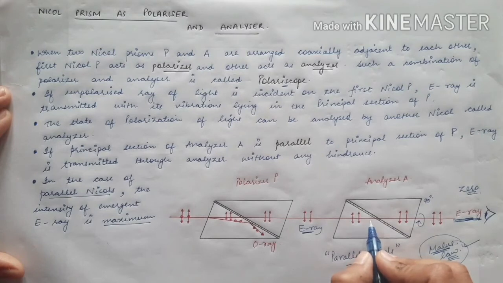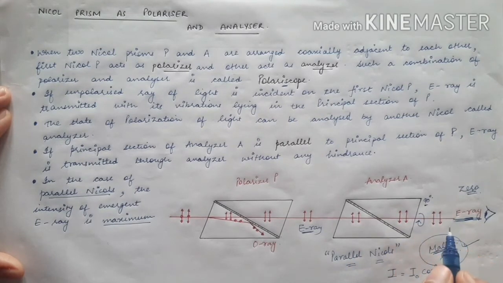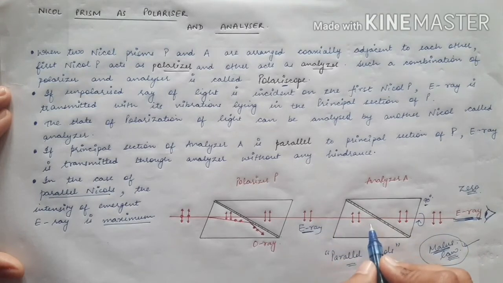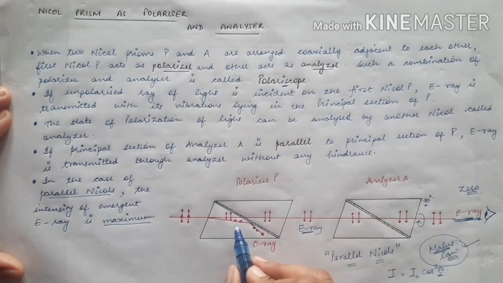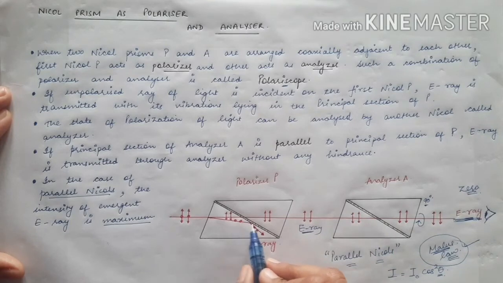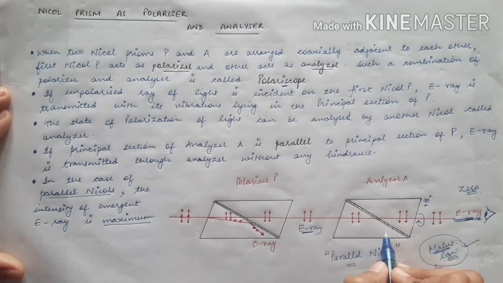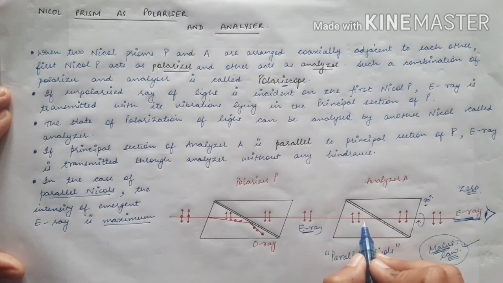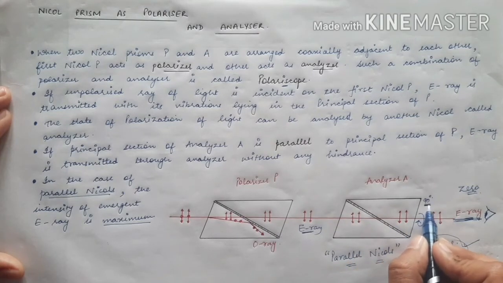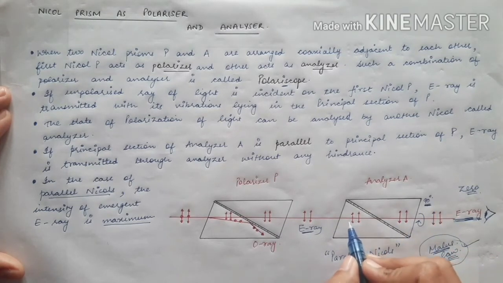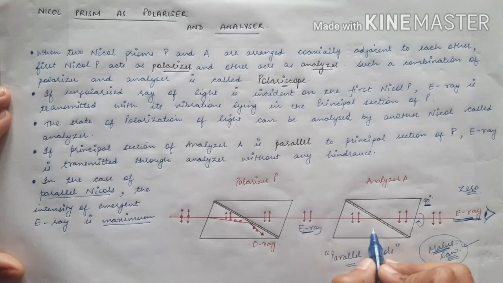Therefore the E ray will act as an O ray inside that Nicol prism after rotation by 90 degrees. Because the O ray has vibrations perpendicular to the principal section, it gets totally reflected. So this E ray, which acts as an O ray in the second Nicol prism, will also be absorbed.